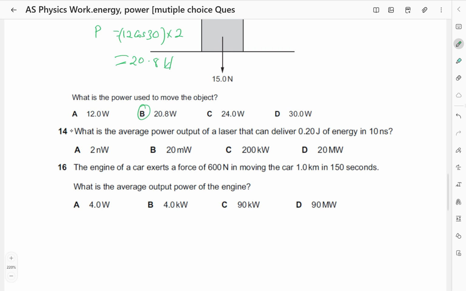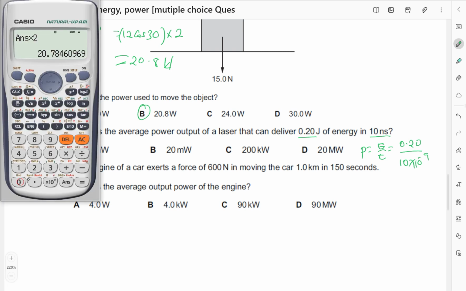What is the average power output of a laser that can deliver 0.2 joules in 10 nanoseconds? So power is equal to energy over time, where energy is 0.2 divided by time, which is 10 times 10 power negative 9 because it is nano. So this is 0.2 divided by 10 exponent negative 9.